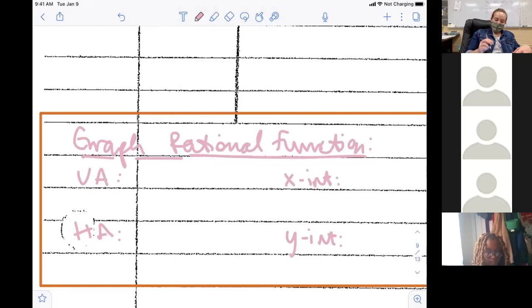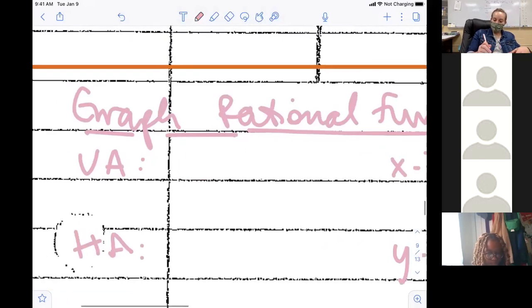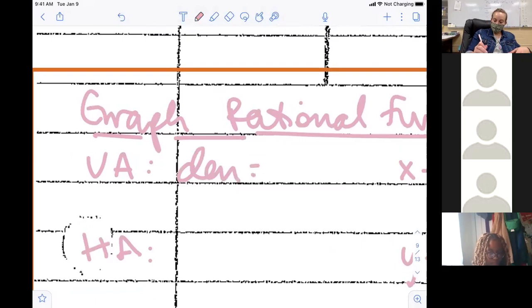And then we'll do an example. When you find vertical asymptote, you have to set the denominator equal to 0. So to find the vertical asymptote, set the denominator equal to 0, whatever that is where we have our vertical dashed lines through your graph.